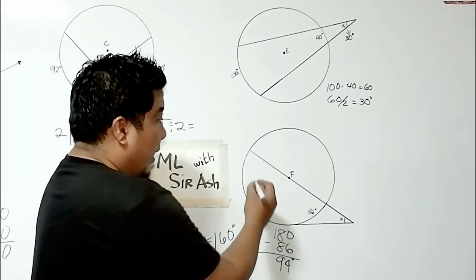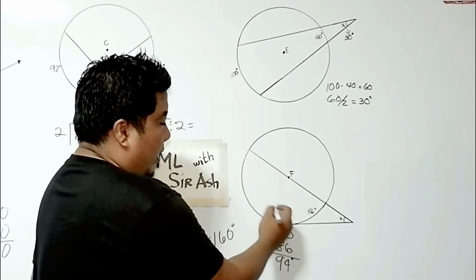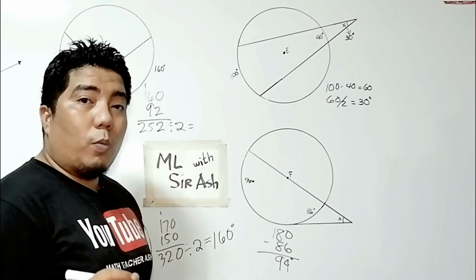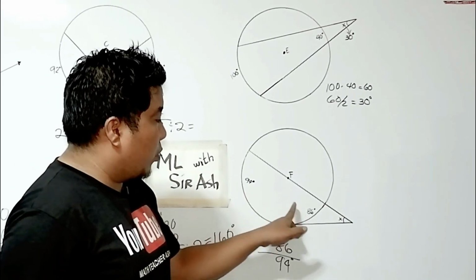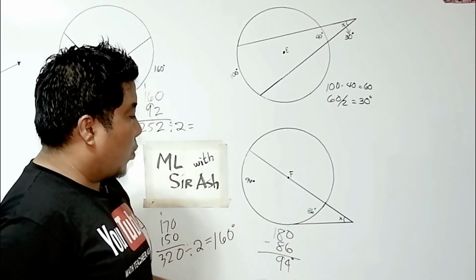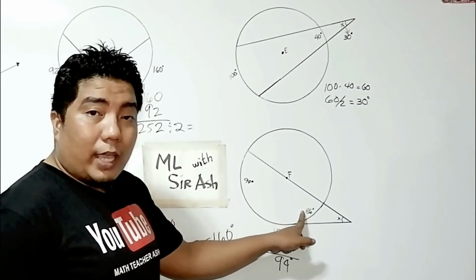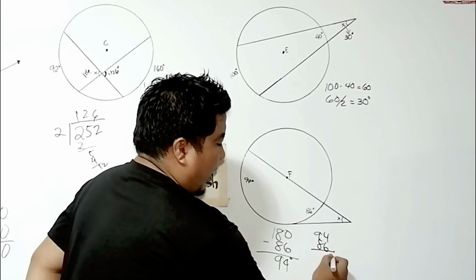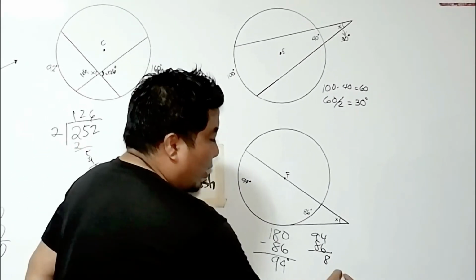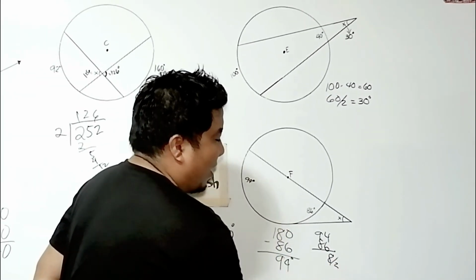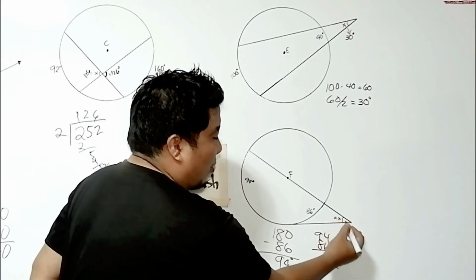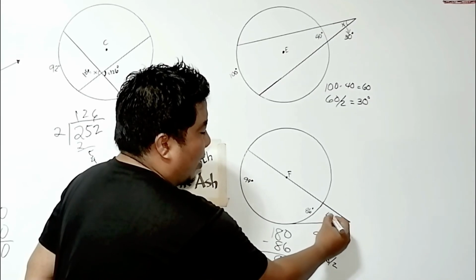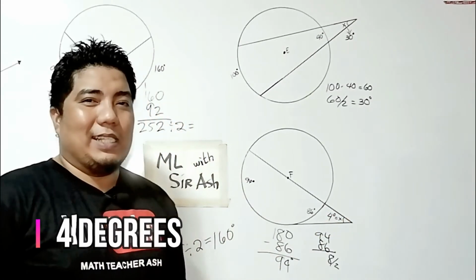So therefore, this arc here is equal to 94 degrees. So by doing that, you just need to subtract these two. So 94 minus 86, that will give you 8. But we need to get the half of this one so that we will have the measurement of our angle outside the circle, and that is equal to 4 degrees.